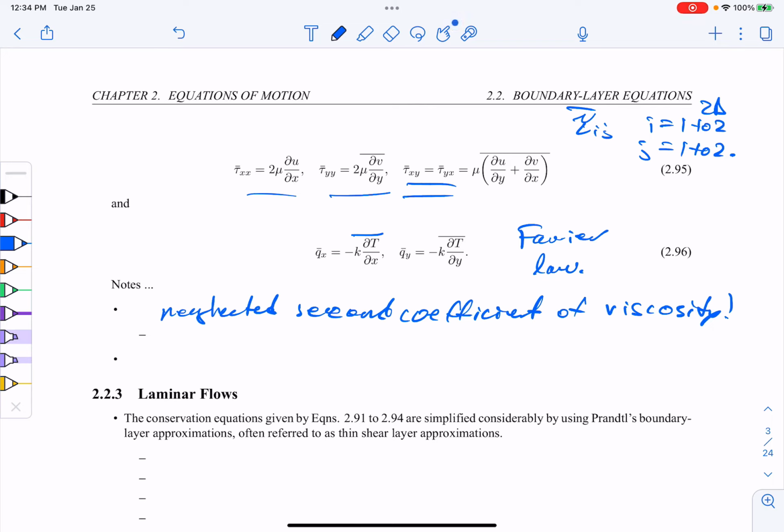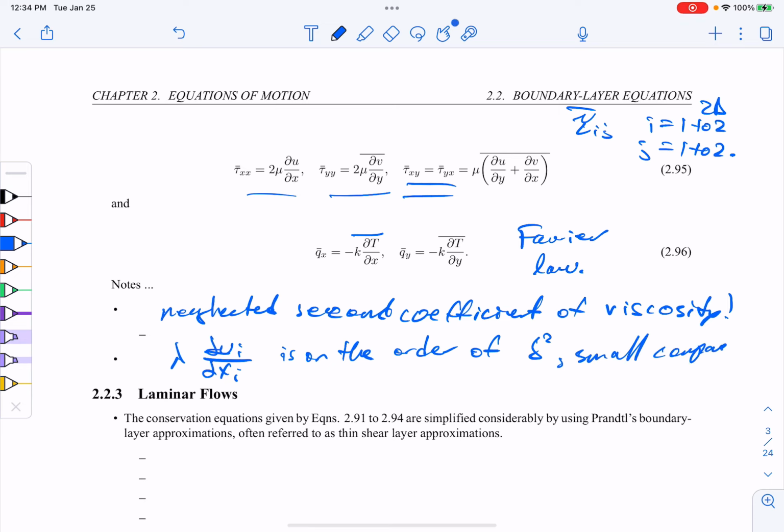Well, the stress term, lambda, the second coefficient, times partial u partial x, I, is on the order of delta squared, my boundary layer thickness. And that's small compared to the other stress terms. And in compressible flows, this would go away anyway, but I'm still looking at compressible flows.